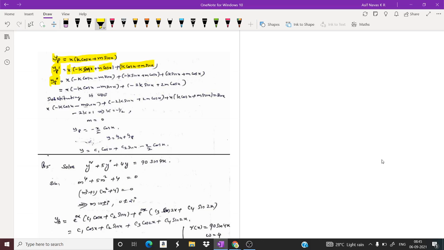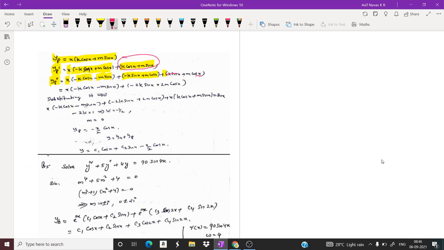First, x into minus k cos x minus m sin x, plus 1 into minus k sin x plus m cos x, plus the derivative of this, minus k sin x plus m cos x.